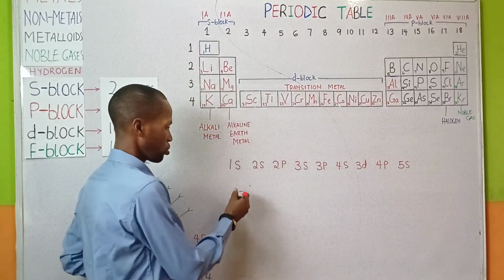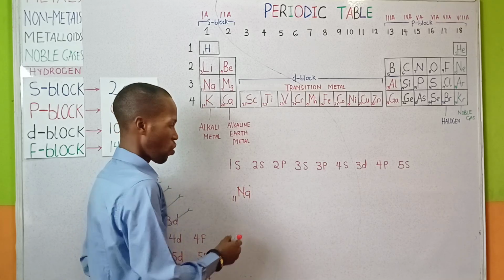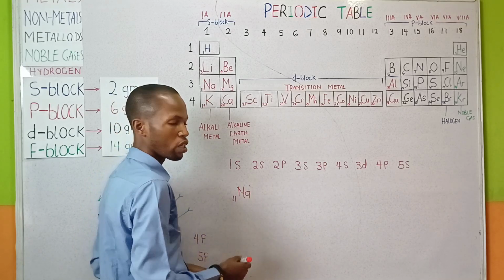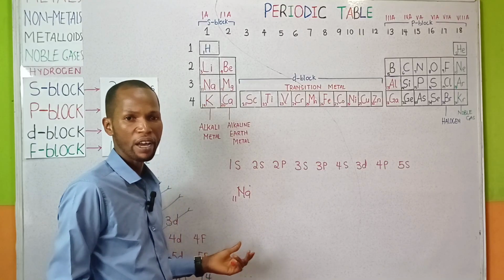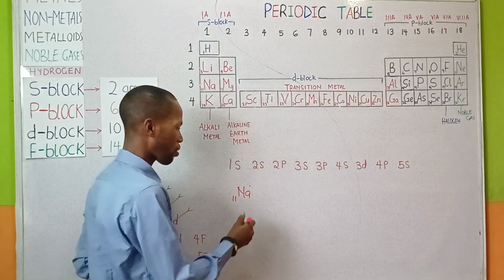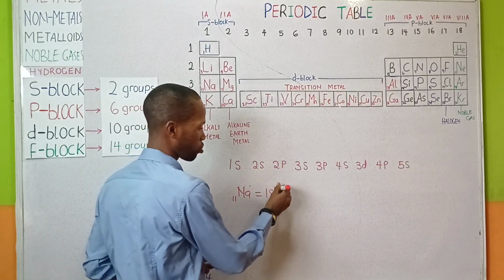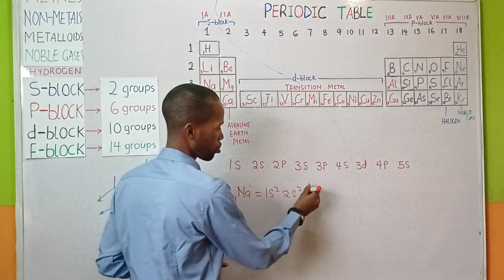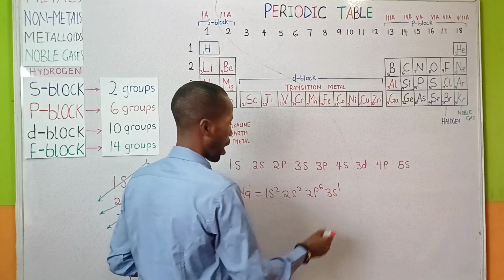For instance, sodium with atomic number 11, when it loses its electron, it becomes what? 10. That's correct. That is, the electron number becomes what? 10. So we are going to have the parent atom, which is the sodium, as 1s2, 2s2, 2p6, 3s1.